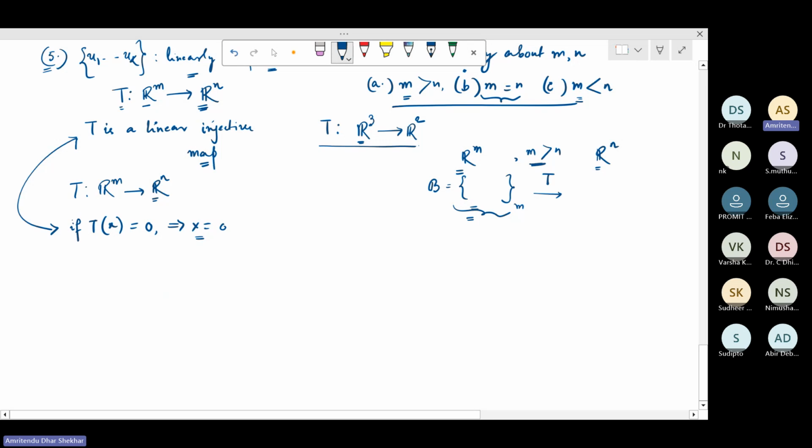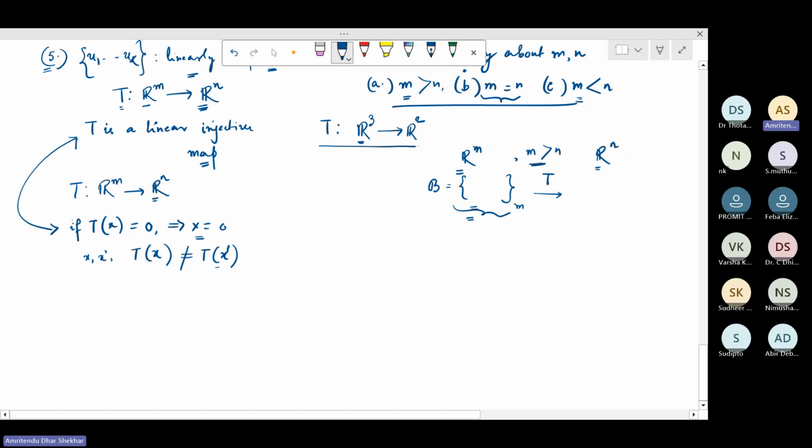Why is that? Because what is a linear injective map? If we say that something is a linear injective map, then it means that if you give me two distinct x and x prime, then T of x is never equal to T of x prime, because it's an injective map, right?